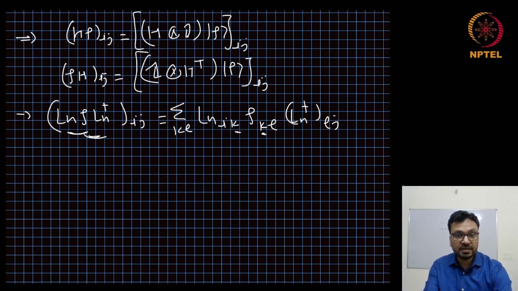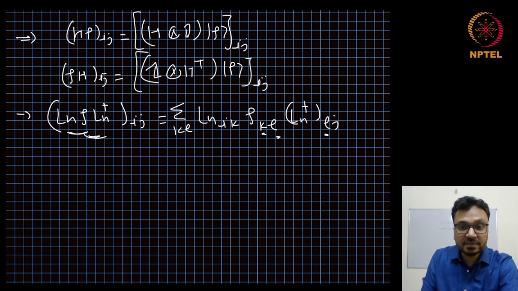If we just sum over k, we get the product of L_n and rho and the ilth element of that. And then the product of L_n and rho will be multiplied with L_n dagger. So the second index of the product matches with the first index of the next matrix, and we take sum over that. So we are left with i and j element.